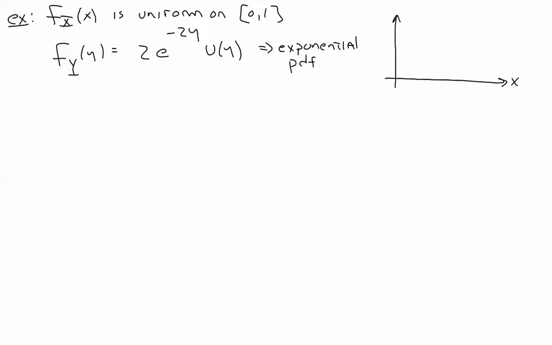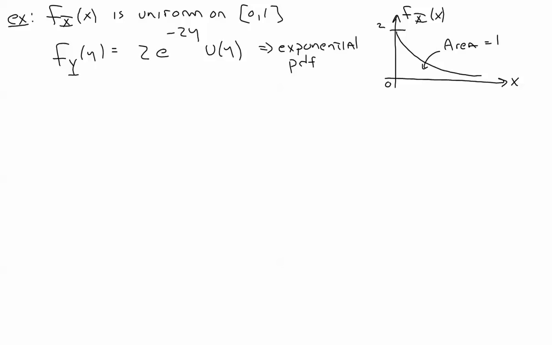It would look something like this. Okay? Area is always going to be 1. If you integrate this out, you get area is always 1. Okay? It's a proper probability density function.